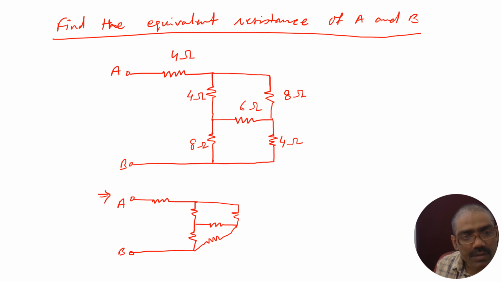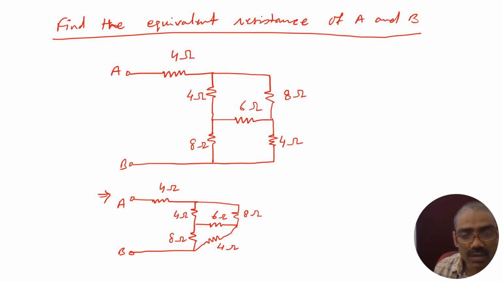So this is AB, 4 ohm resistance, 4 ohm resistance, 8 ohm resistance, and this is 4 ohm resistance, 8 ohm resistance, 6 ohm resistance. That means simply we have rearranged. Rearranged means now here we can easily identify that we are getting a delta connection. So in this delta again we will have to convert from delta to star.